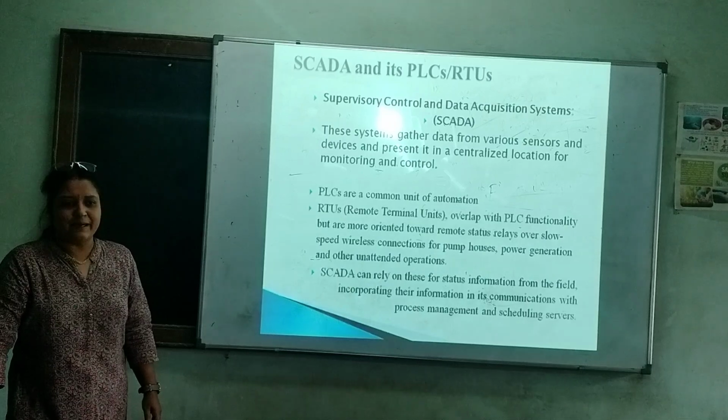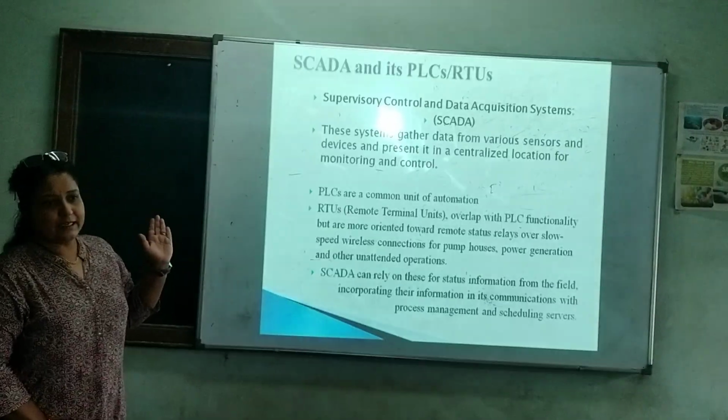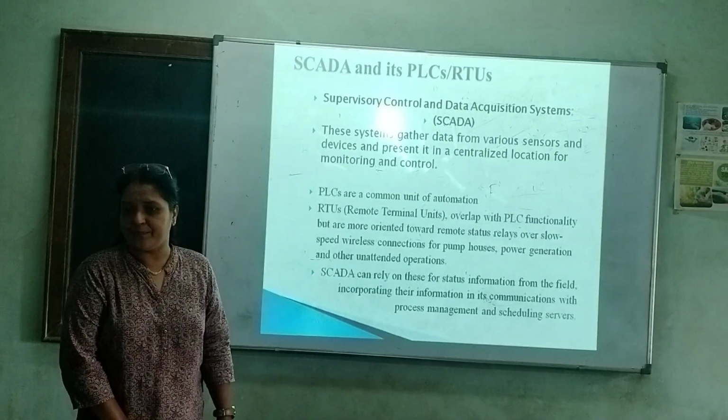Next, the second part is SCADA. What is SCADA? It is the supervisory control and data acquisition system.